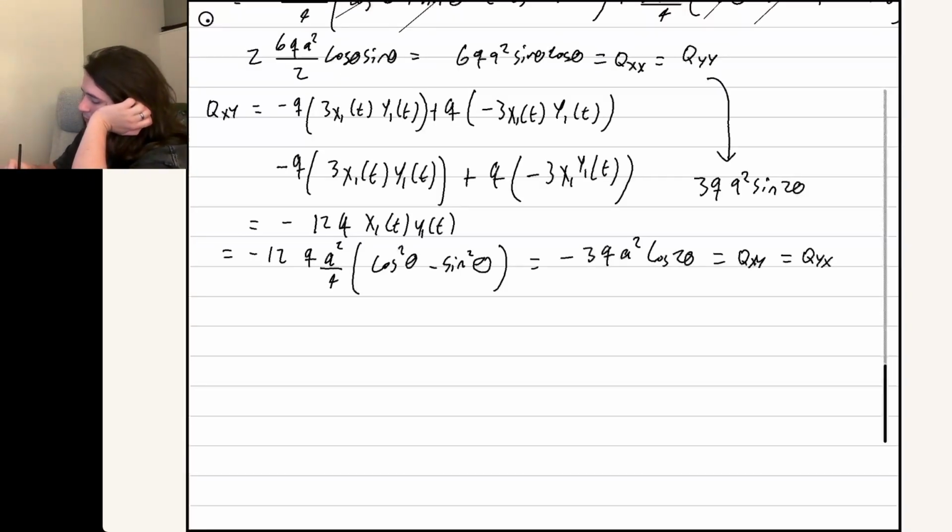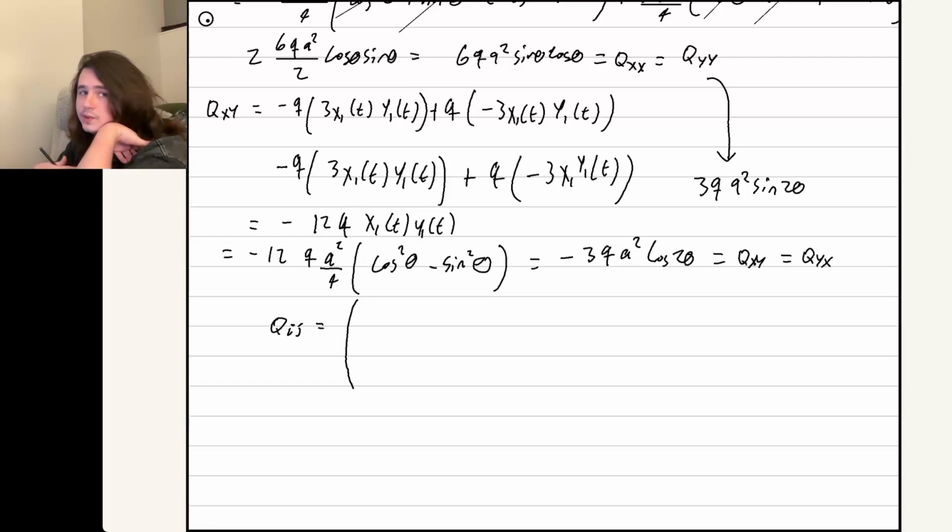So your total quadrupole moment can be given by this matrix. I didn't do the z components because obviously they're 0. All of these guys are lying on a plane. Z is equal to 0.